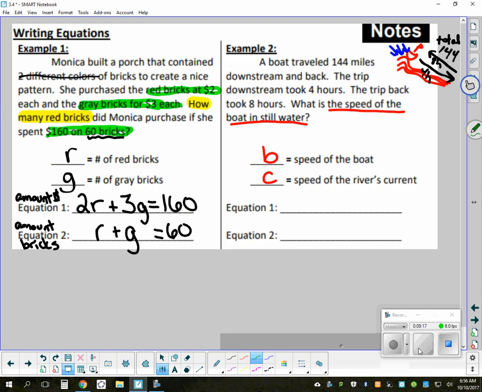So let's see what we can do with that information. To set up these equations, you're going to need to know the formula. D equals RT. Hopefully you've gotten to this in science class. If you haven't yet, you will work on this year. But that stands for distance equals rate times time.